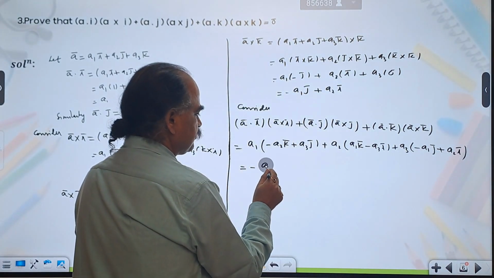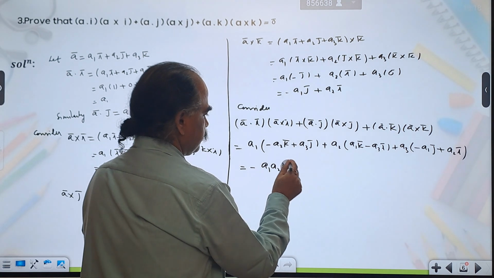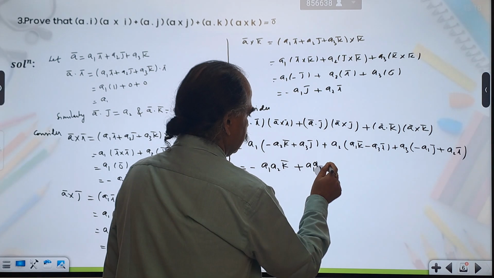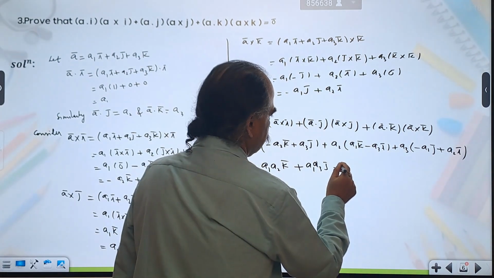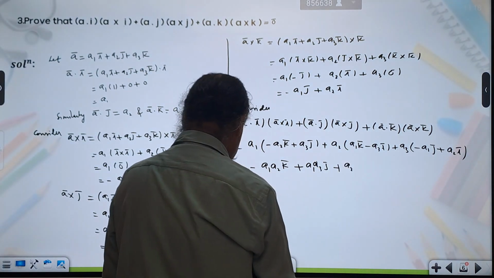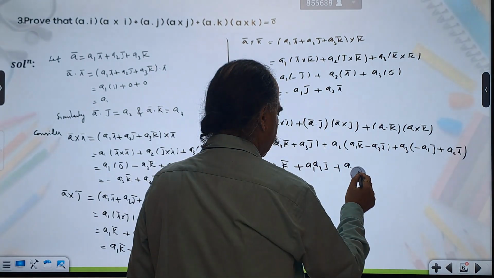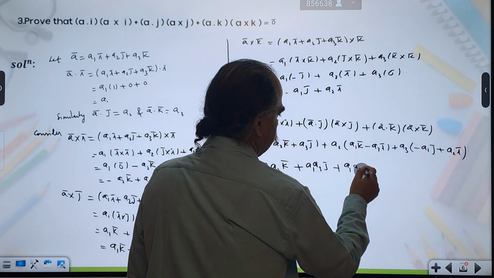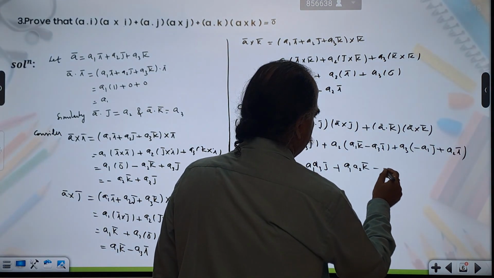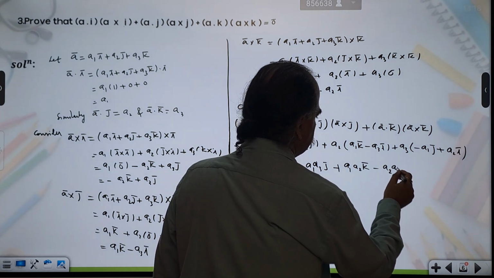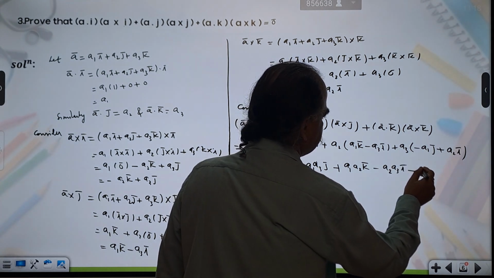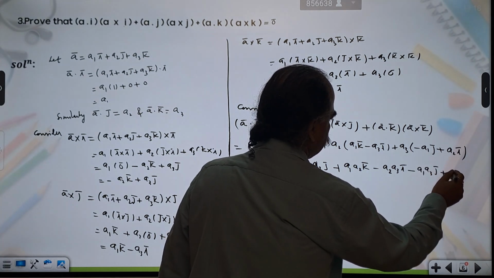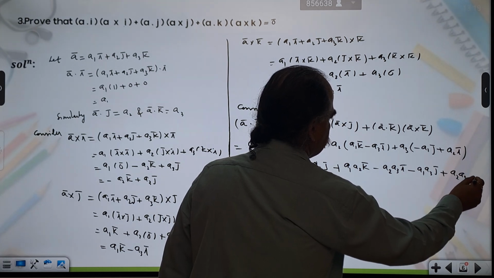This will give you: minus A1 A2 k bar plus A1 A3 j bar, plus A1 A2 k bar, minus A2 A3 i bar, minus A1 A3 j bar, plus A2 A3 i bar.